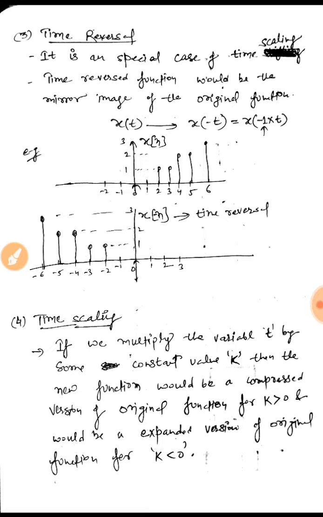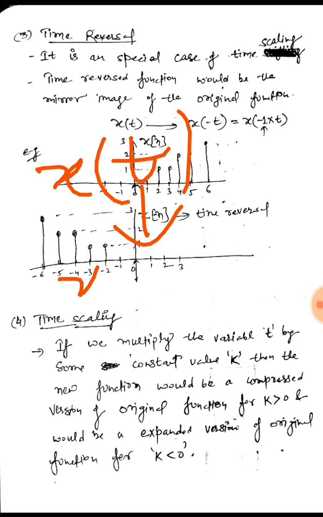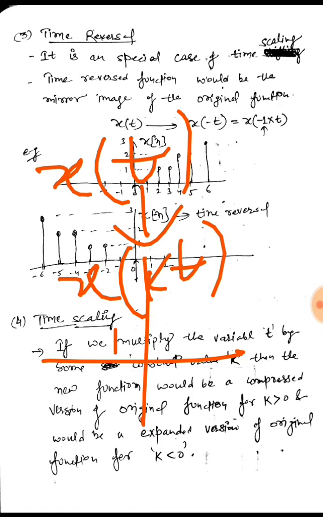Okay, so now time scaling. If we have x(t) and I multiply this t with some constant k, that is x of kt, then the new function would be a compressed function. The new function will be compressed in the time domain if I multiply t with a positive value k greater than 1.